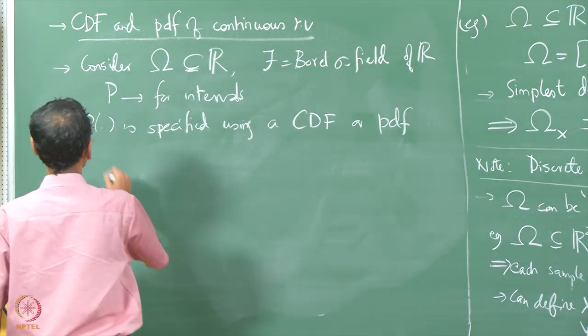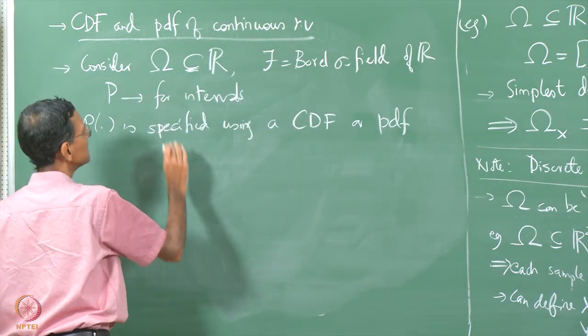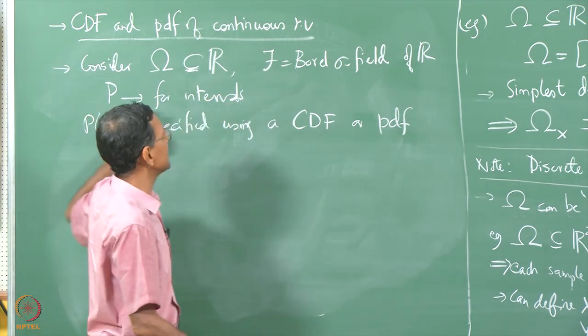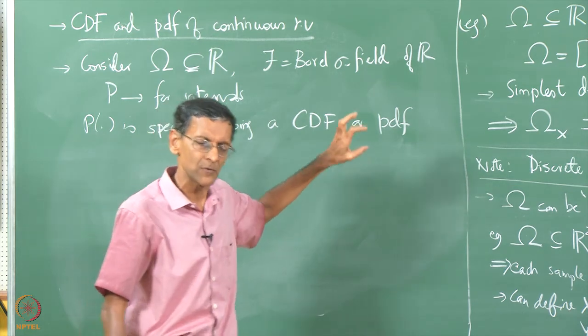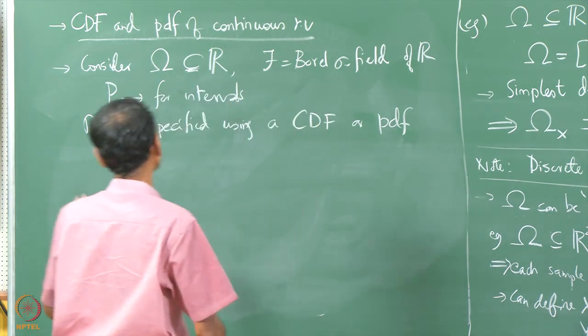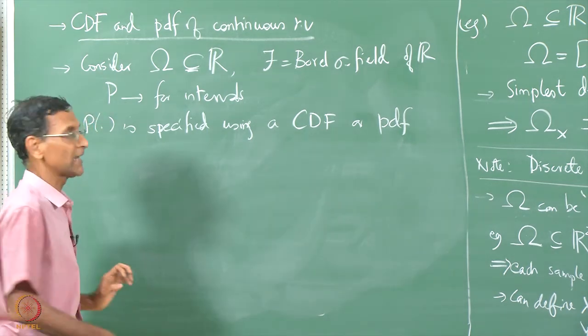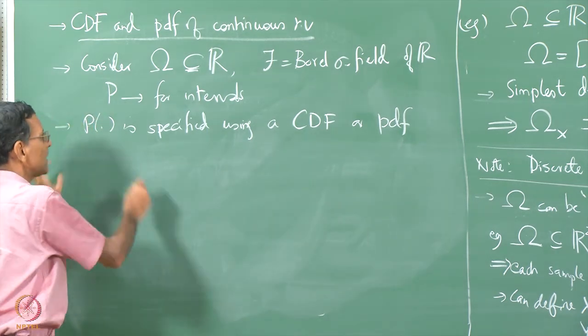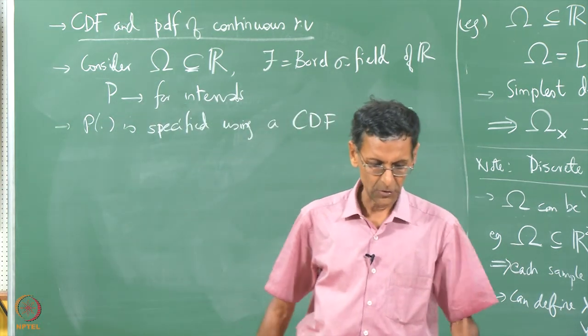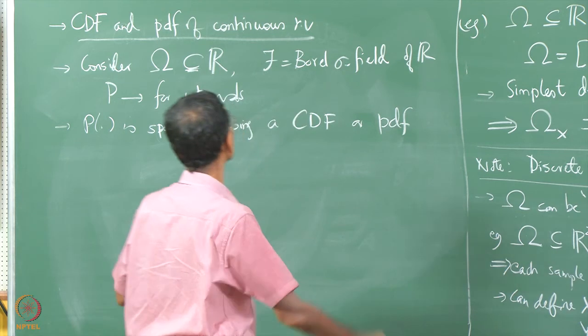I am not specifying which CDF or PDF to use. As we can see, we can use many different types of CDF or PDF models, and all of them will be consistent, and therefore at this point we are letting things be as general as possible, right.